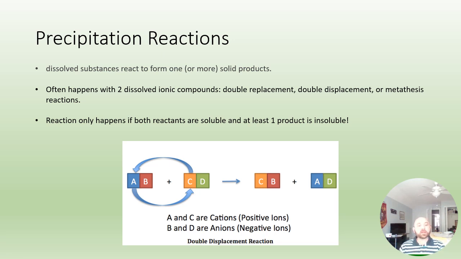Some of the cations C end up bonding with the anions B. And so you get this rearrangement, displacement, replacement of the ions from the reactants that we see there. We'll take a look over the next few slides at some actual examples and even some videos of what a precipitation reaction will look like.